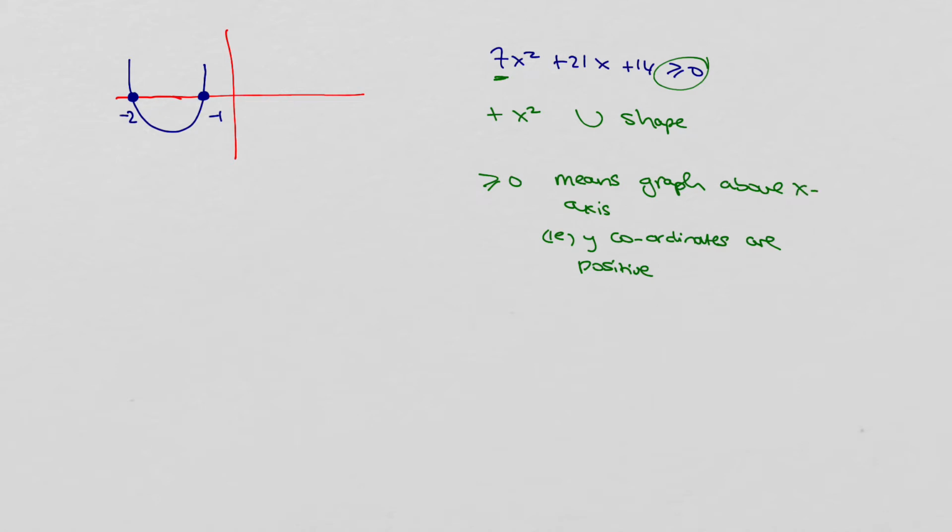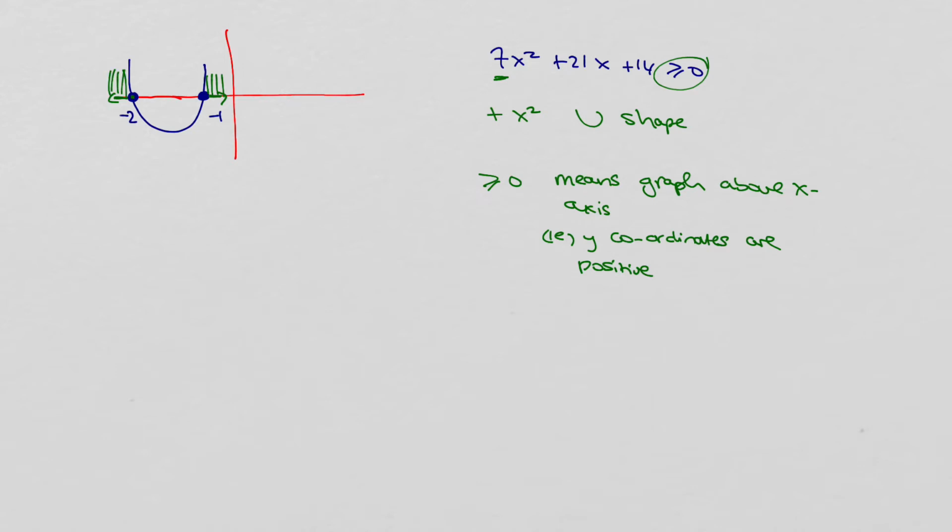So what values of x give us positive y-coordinates? Well, it can't be between -2 and -1 this time, because if I go between -2 and -1, so -1.5, I would see that when x is -1.5, y is below the x-axis. So therefore, anything between -2 and -1 will give me a negative y-coordinate. So that implies I have to go to the right of -1 and to the left of -2, because that will give me all of these positive y-coordinates.